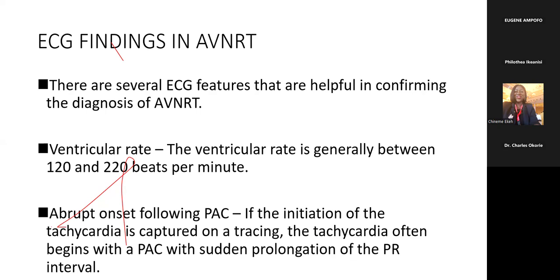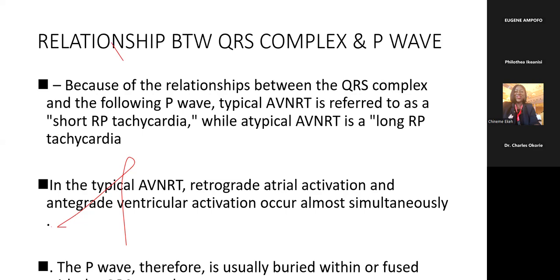So if the initiation of the tachycardia is captured on a tracing, the tachycardia often begins with a premature atrial complex with sudden prolongation of the PR interval. Then the next slide talks about the relationship between the QRS complex and the P wave.